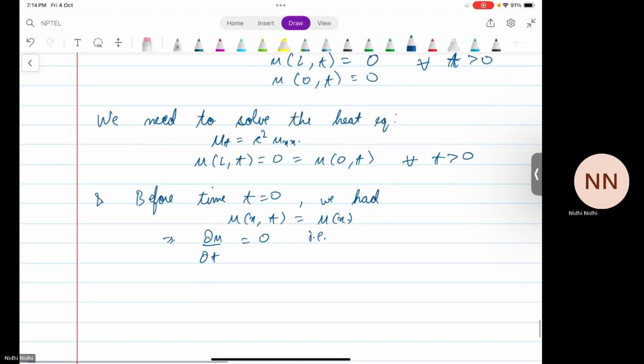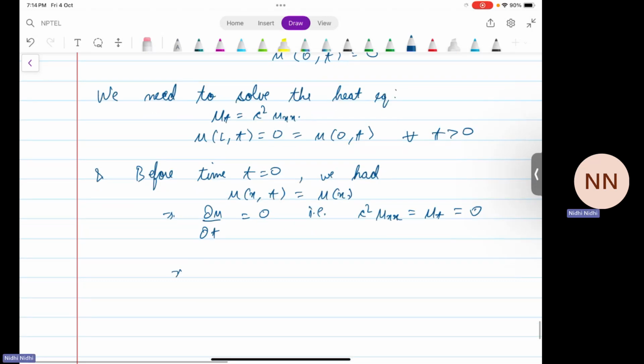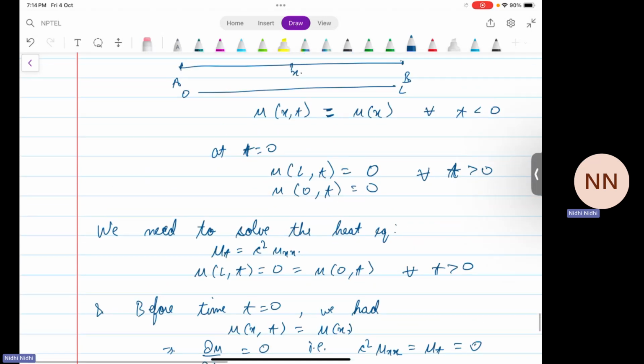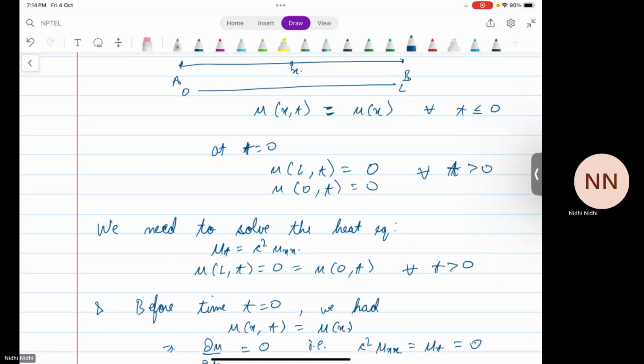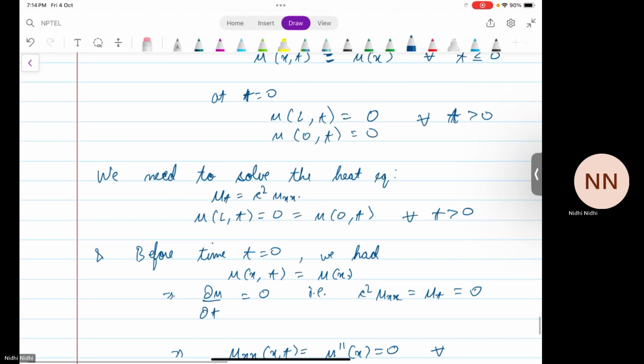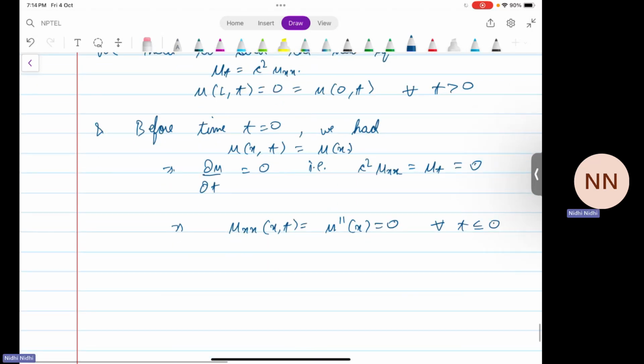That is c squared u_xx, which is equal to u_t, is 0. This implies u_xx, or just u double dash x, is 0 for every t less than or equal to 0. This gives us u(x) is some c1 times x plus c2.